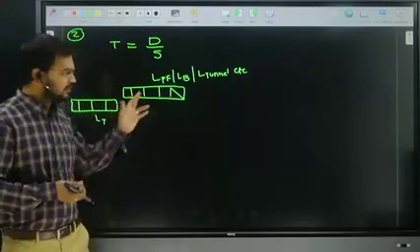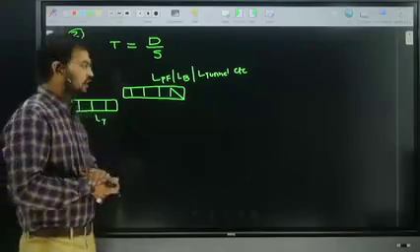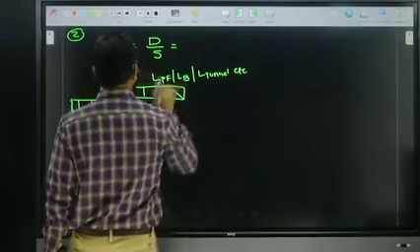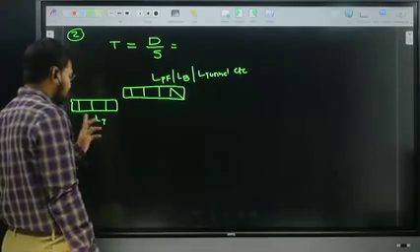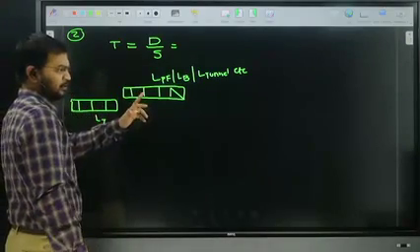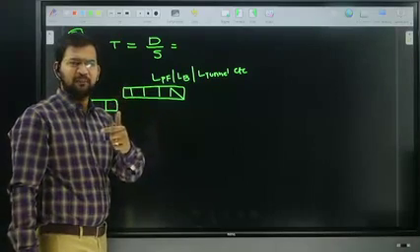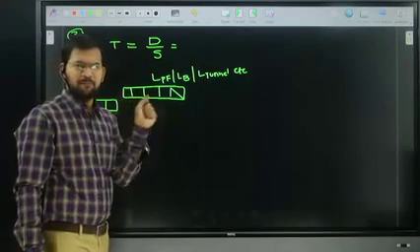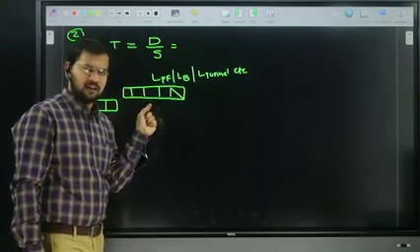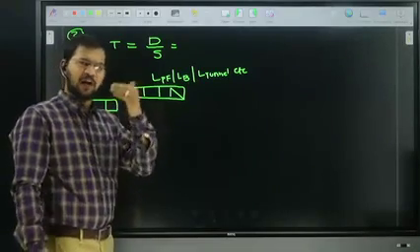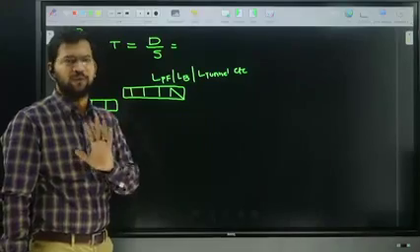Whenever these types of objects are there, in place of distance, distance is nothing but first object length plus second object length. But in the first case, we neglected the second object length because that is a single point. Here we can't do that. Here the second object also has some length. That is the reason we add the second object length also.